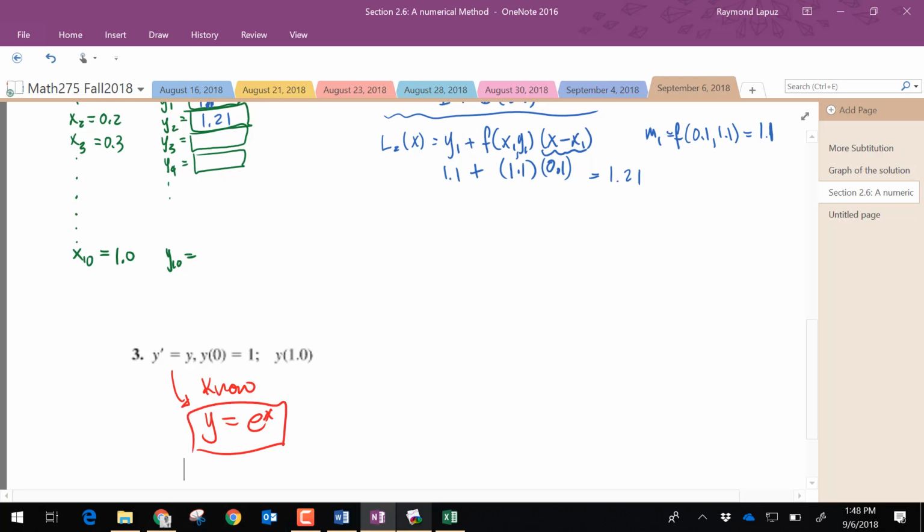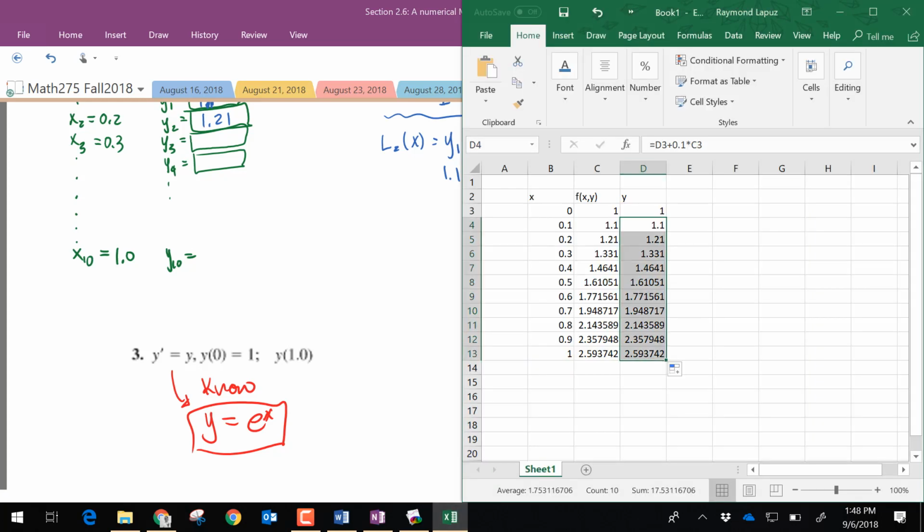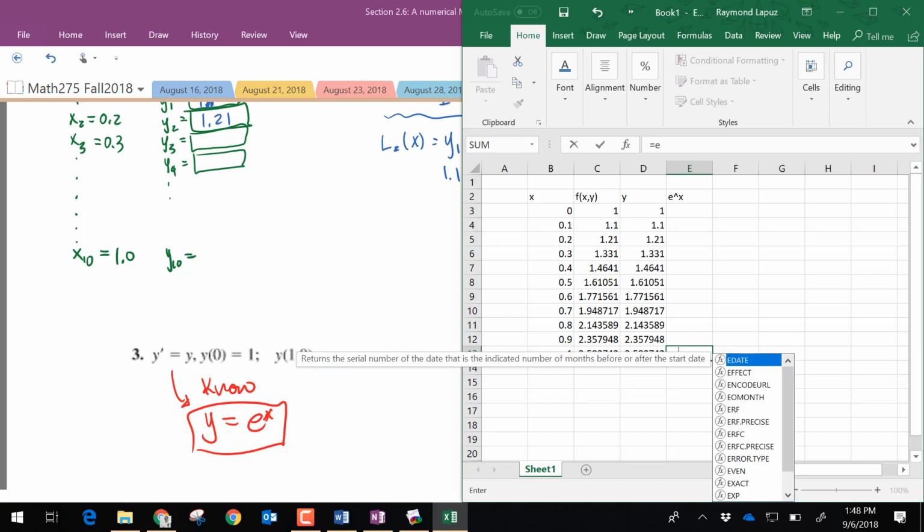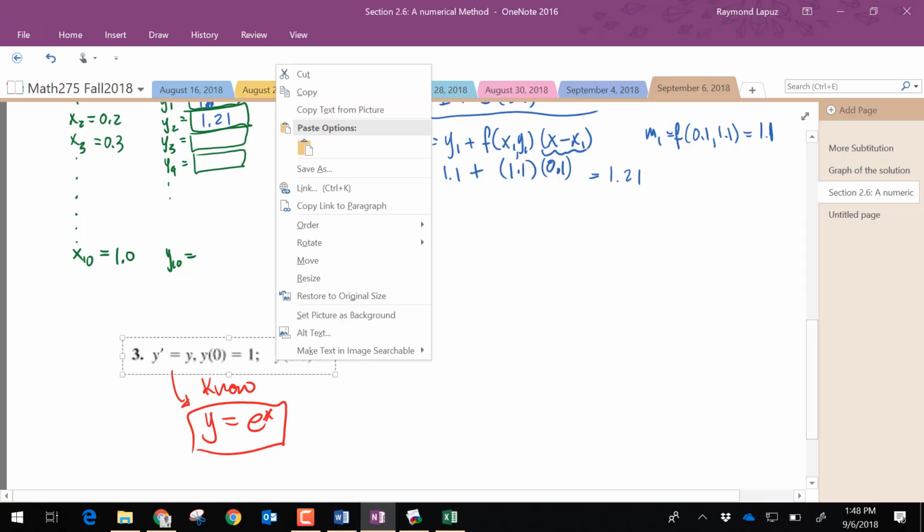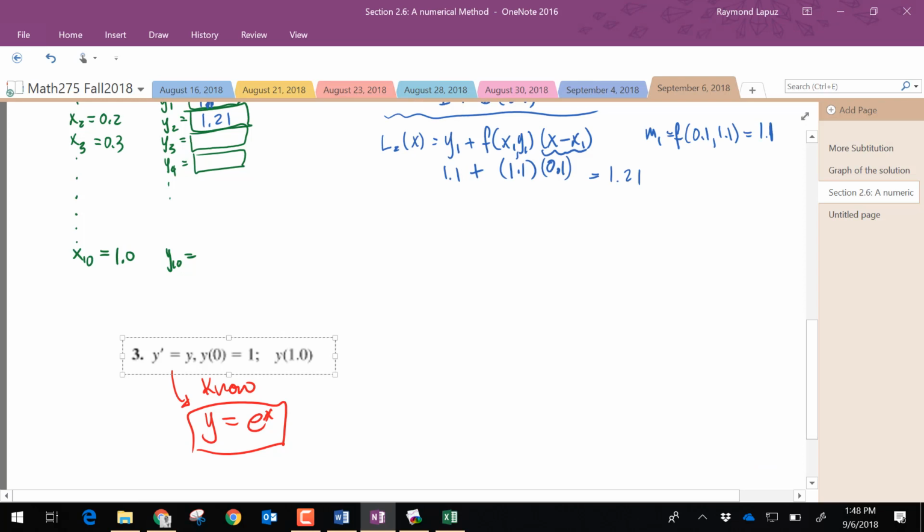Now let's compare our x values with the actual solution, e to the x. Okay, so what we want to do is see what happens to e to the x. Well, we can go through the steps, but actually, let's not. We just want the final answer here. We want y of 1, so we want to put 1 into e to the x.